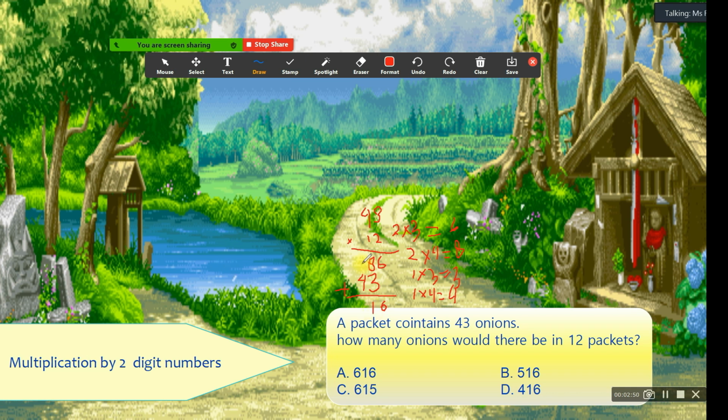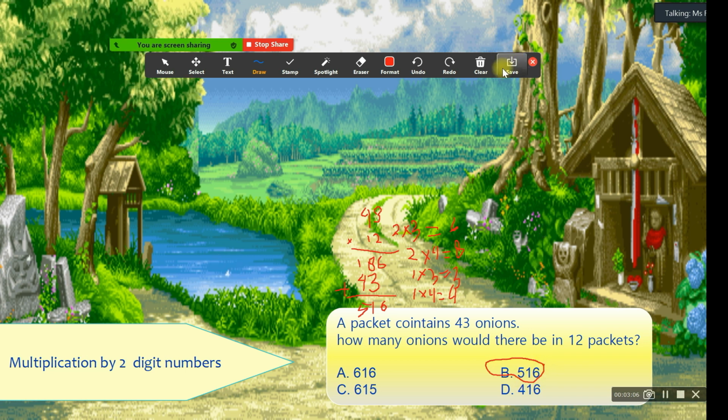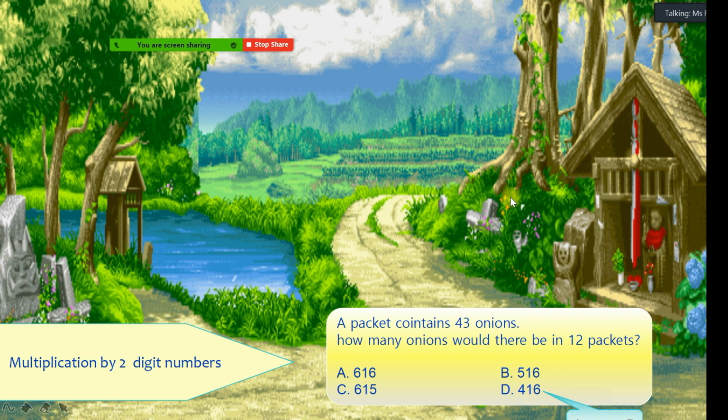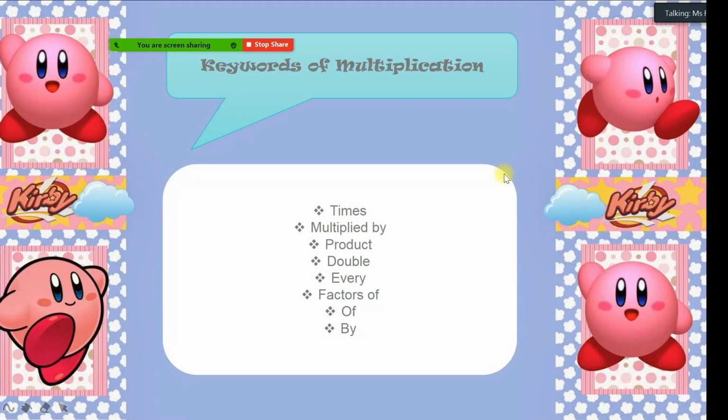So we can put 1 here and carry 1 here. 1 plus 4 becomes 5. So the answer is 516. The answer is B.